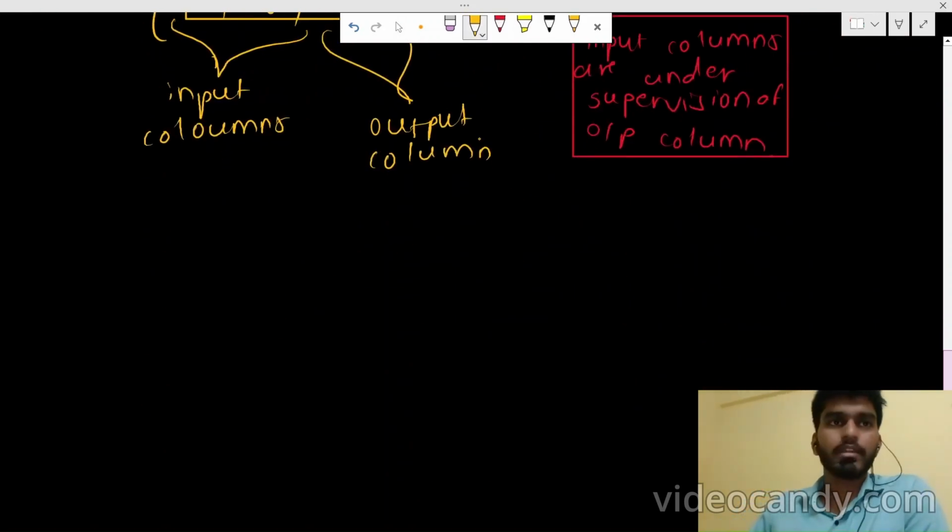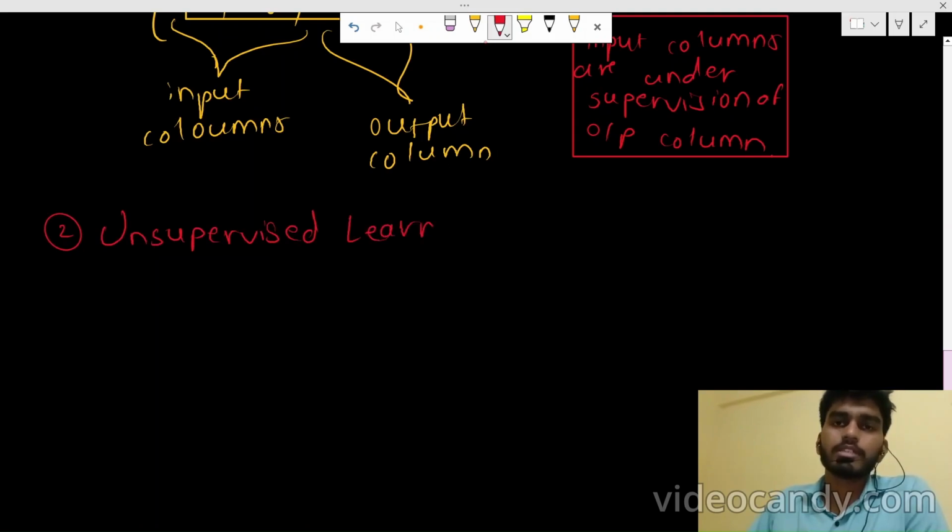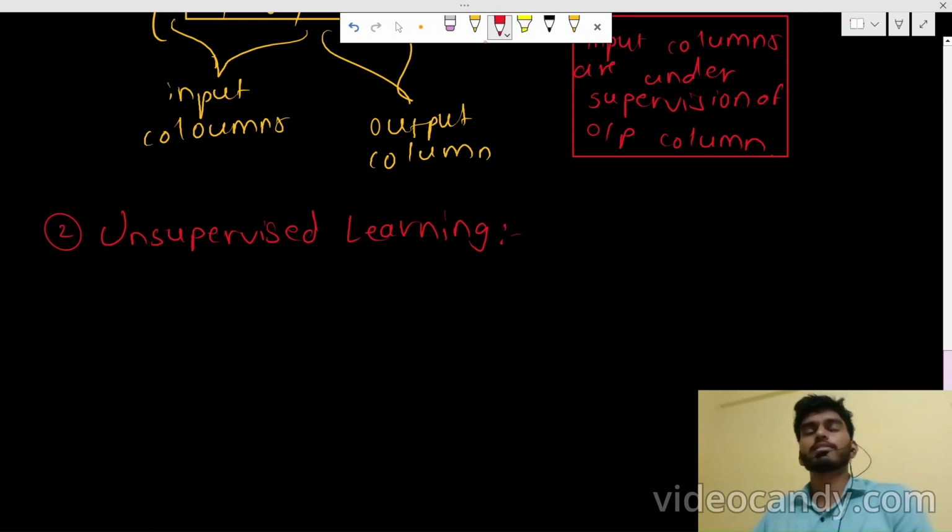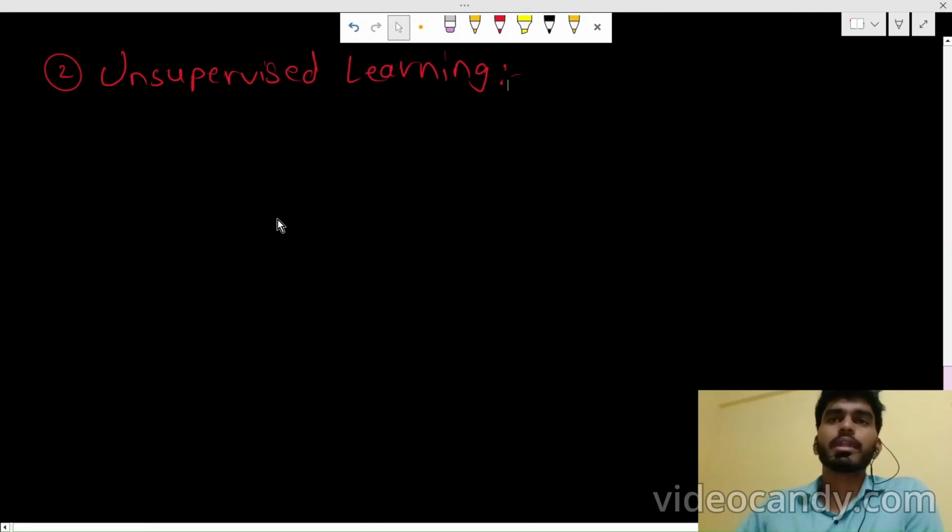Now let's understand unsupervised learning. You may understand it very easily. The major difference is that in this learning, the data does not contain an output column.